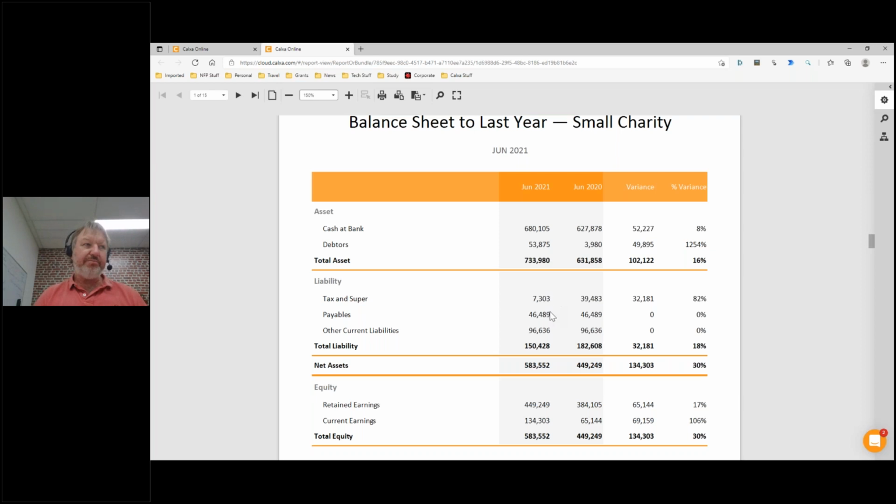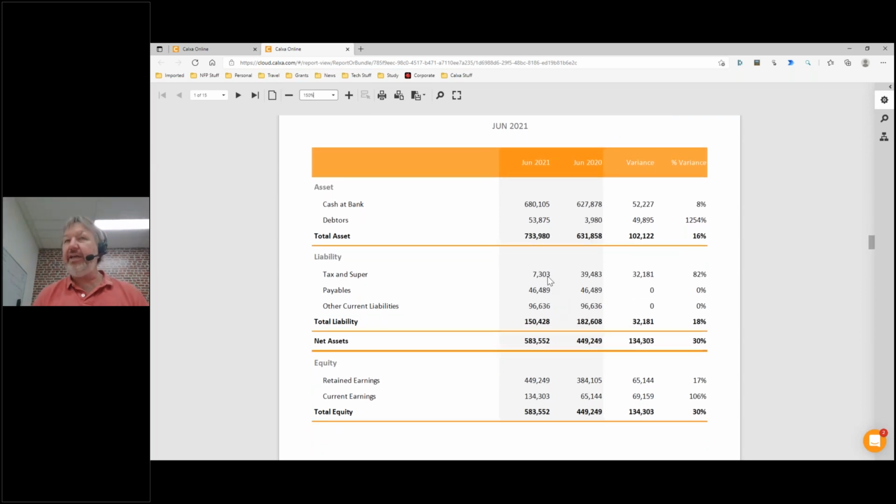And then again, it helps people understand how much tax and super is outstanding, payables. In my case, it's exactly the same as last year. Is it the same as last year? Is it similar? Is it different?